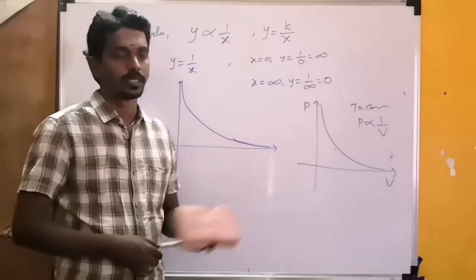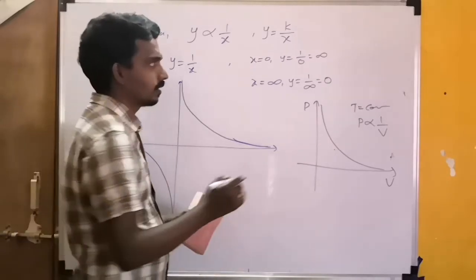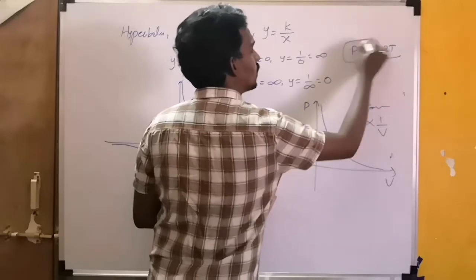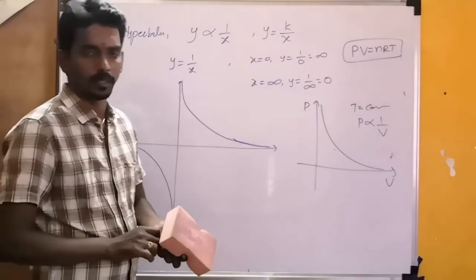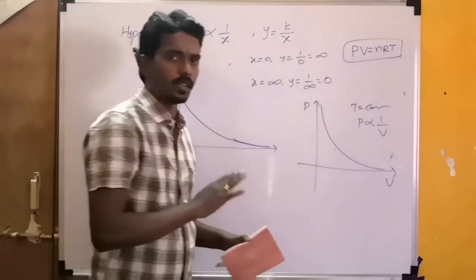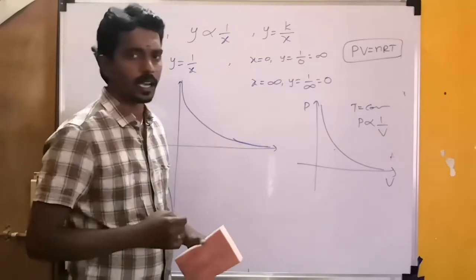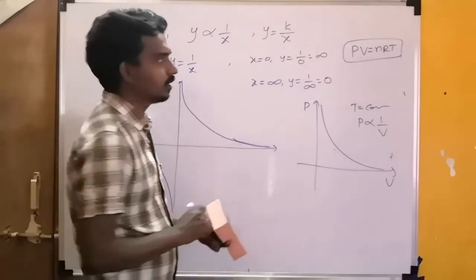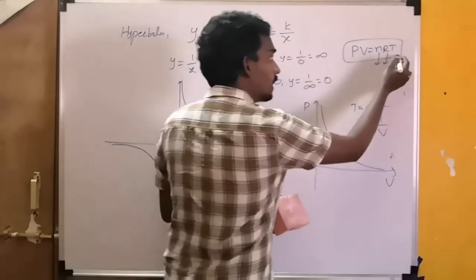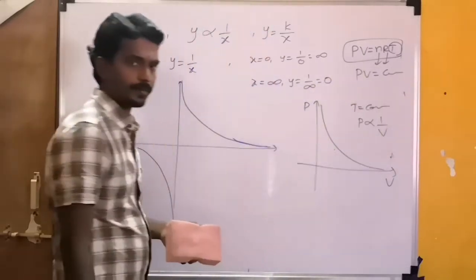In chemistry also you will see the same thing, related to the ideal gas equation, where the ideal gas equation is PV equal to nRT. I hope you knew that one. If you don't know also, don't worry. Where P is pressure, V is volume, n is number of moles, R is the gas constant, T is temperature. n and R are constants. If temperature is also constant, so PV equals constant.